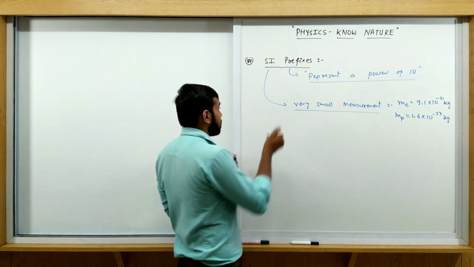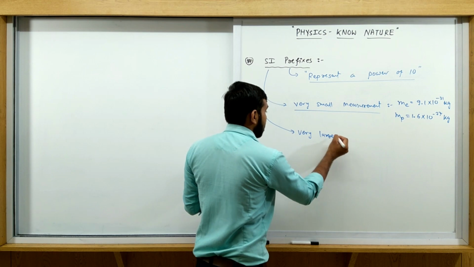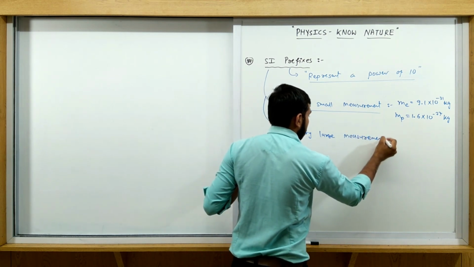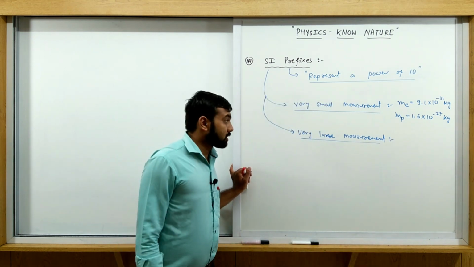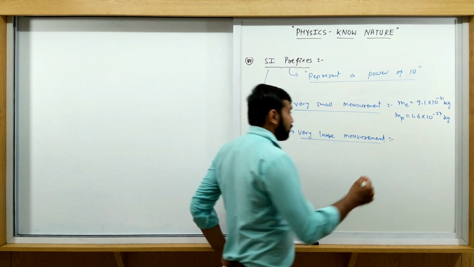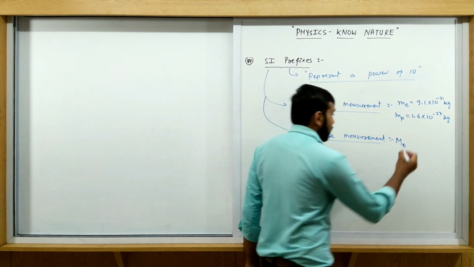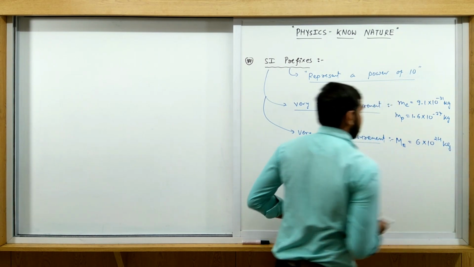Okay, another example, a very large measurement. For example, mass of earth, its value is 6 into 10 raised to 24 kg.